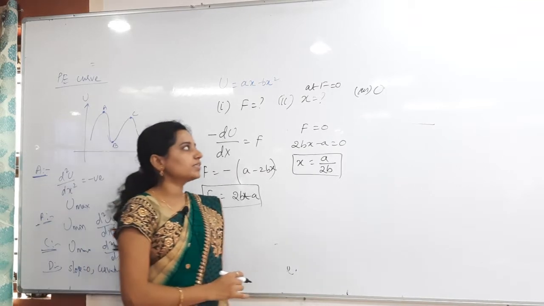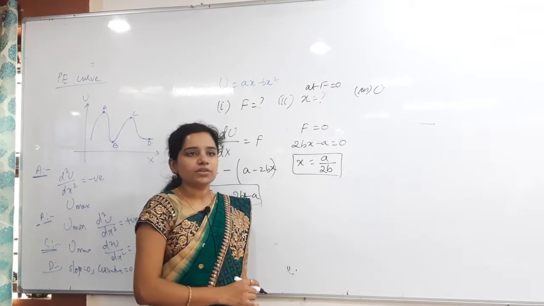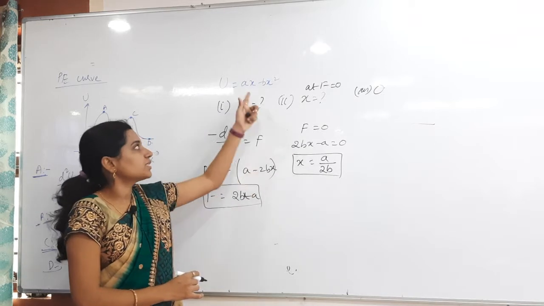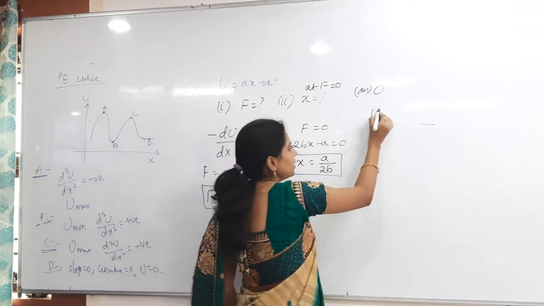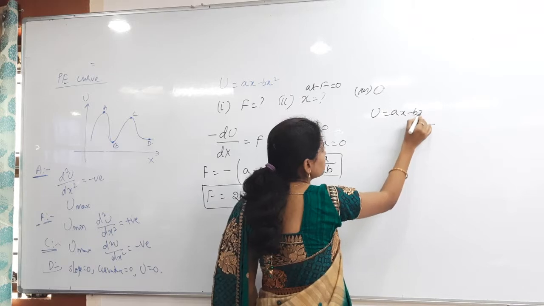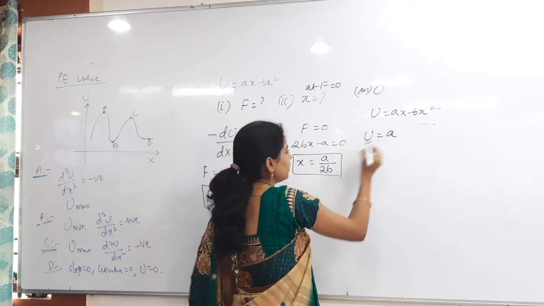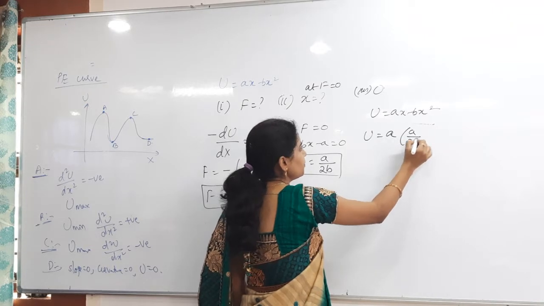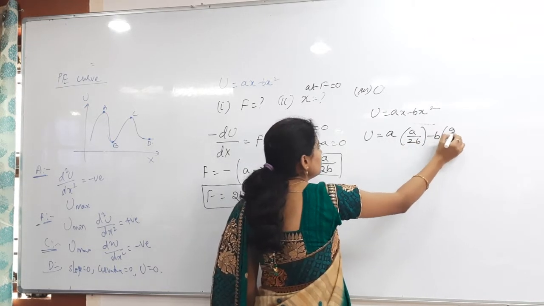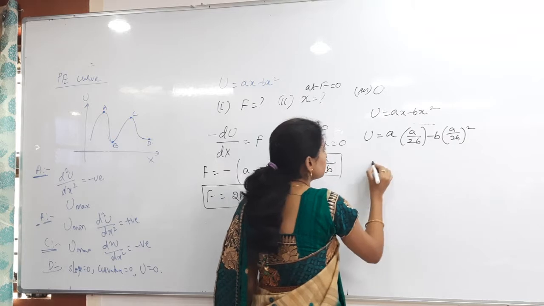Next, they are asking about the potential energy. For that, what can we do? The potential energy expression is there already. U is equal to how much? Ax minus bx square. In that, substitute the x value, that's it. U is equal to a into a divided by 2b minus b into a by 2b whole square. So what will we get here?